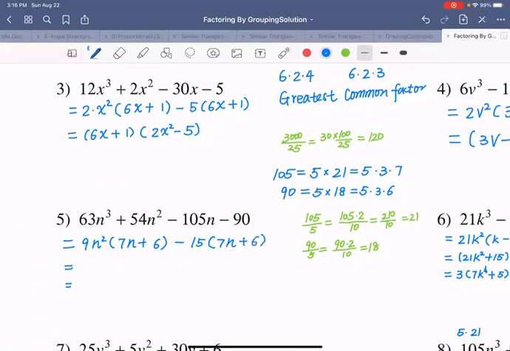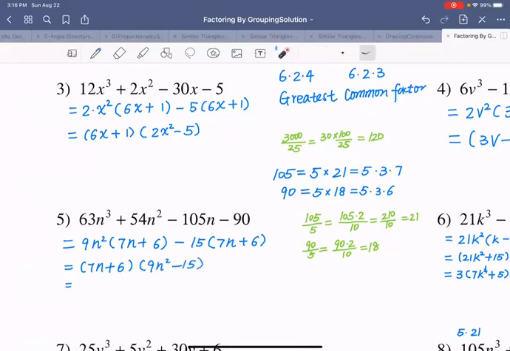Very good. Now they both share the same factor over here, so we can go ahead and do 7n plus 6. Take out. And then what do we do? 9n squared minus 15.